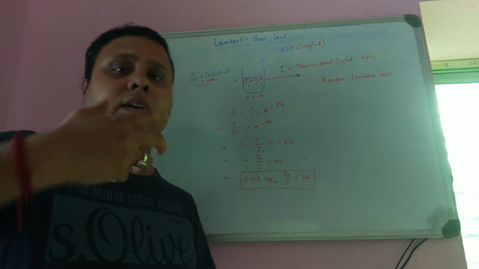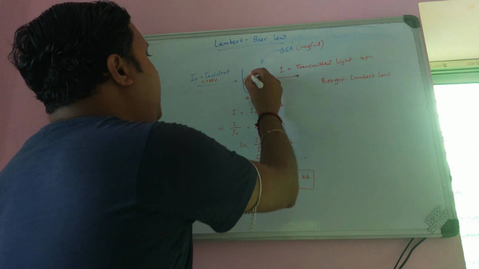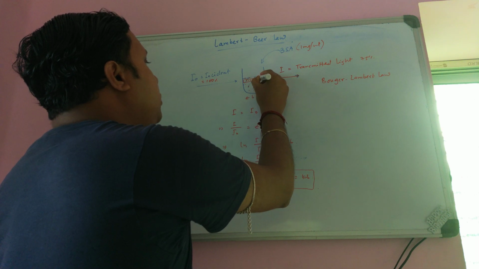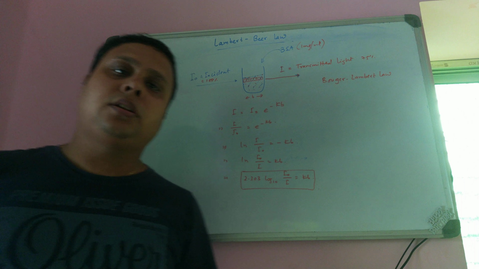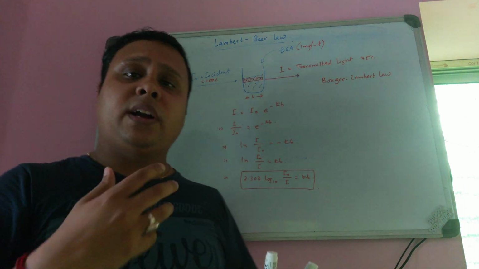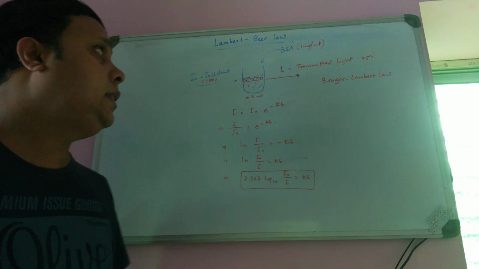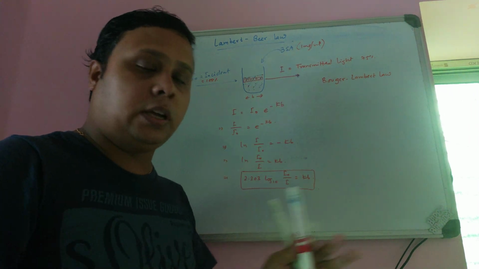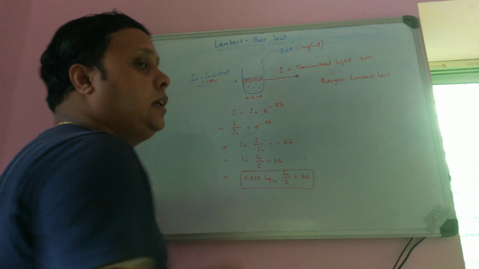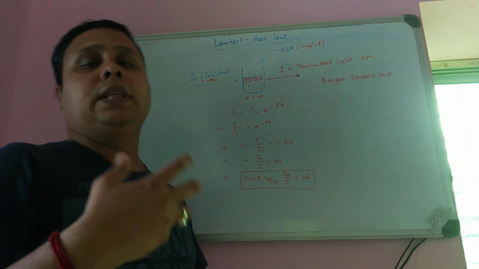If we increase the concentration, the number of molecules through the path length will also increase, right? If we increase the concentration of BSA from 1 mg to 2 mg per ml, doubling the concentration actually doubles the number of biomolecules present through the path length of the incident light. In that case the absorption will be greater.